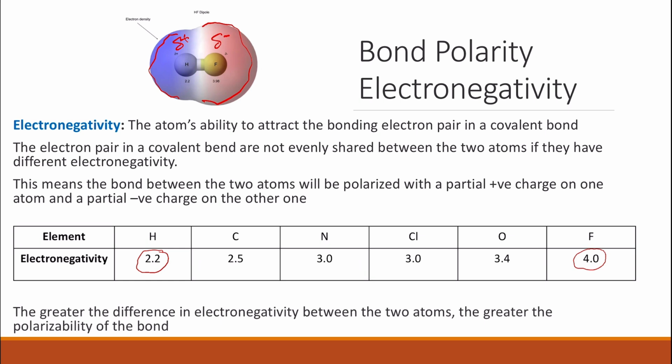The greater the difference in electronegativity between the two atoms, the greater the polarity of the bond. So the bond between hydrogen and fluorine will be more polarized than the bond between hydrogen and oxygen, because the difference in electronegativity between hydrogen and oxygen is less than the difference between hydrogen and fluorine.